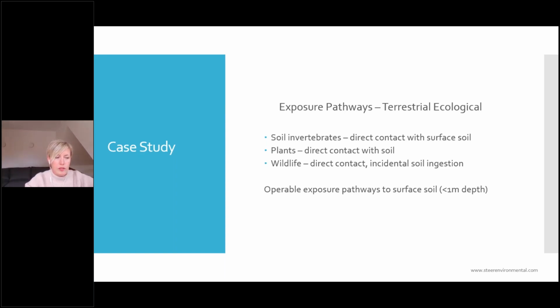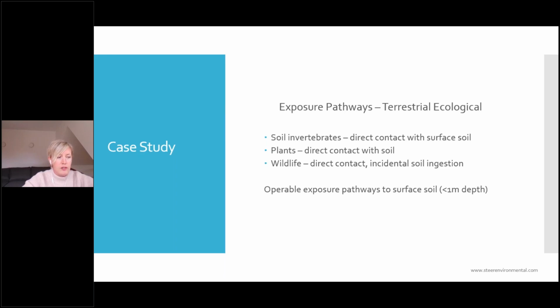So we were able to assume that all root exposure at the site was expected to occur in the top meter of soil. We know the burrowing animals are unlikely to burrow any deeper than 1 meter. So we know that our operable exposure pathways exist from surface soil to our soil invertebrates, our plants, and our wildlife. We ruled out exposure for wildlife through ingestion of vegetation and prey.